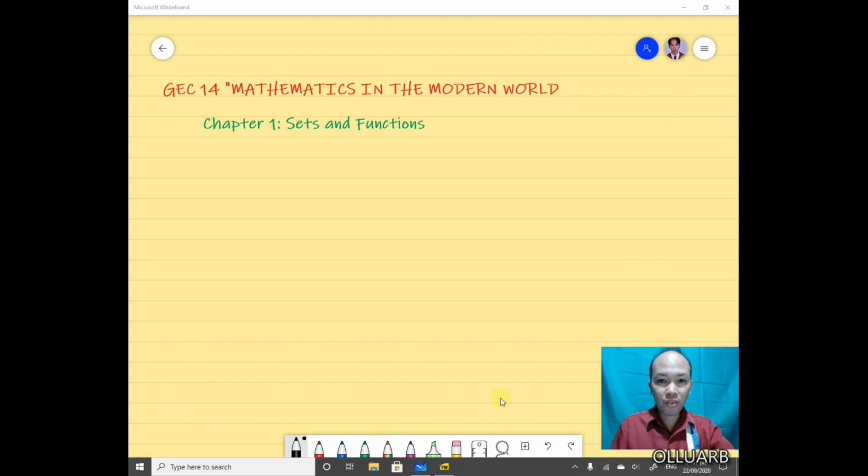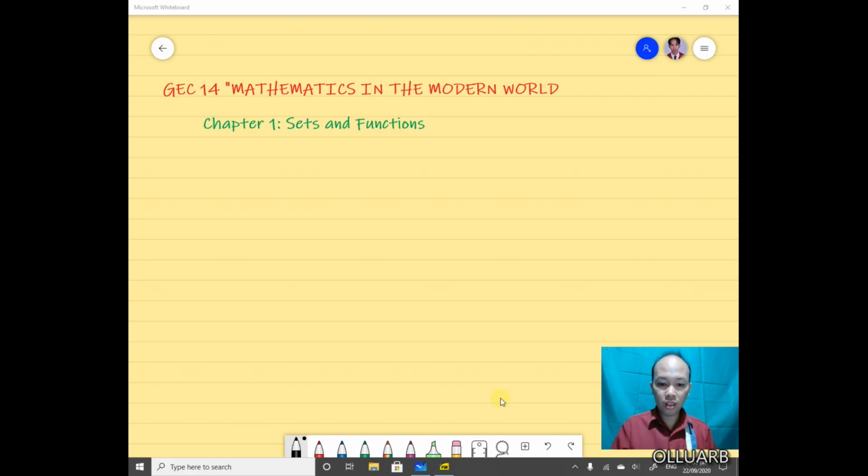For our first definition, we will define the concept of a set. Please do remember that this word set is very important in the whole chapter, because some definitions that will come afterwards will rely on this keyword, the keyword set.